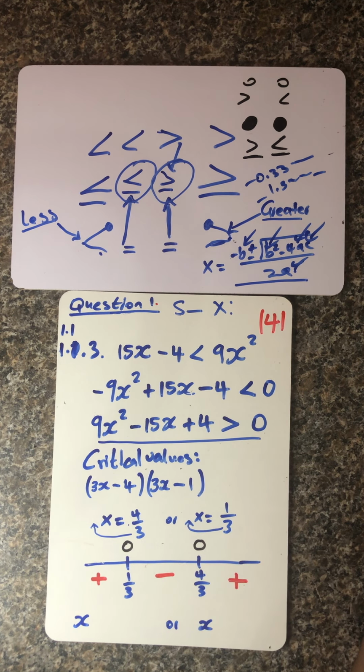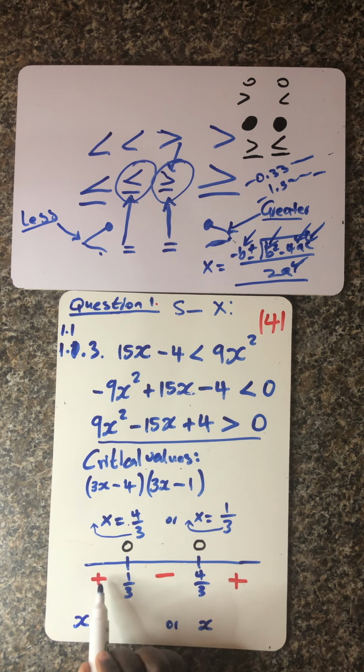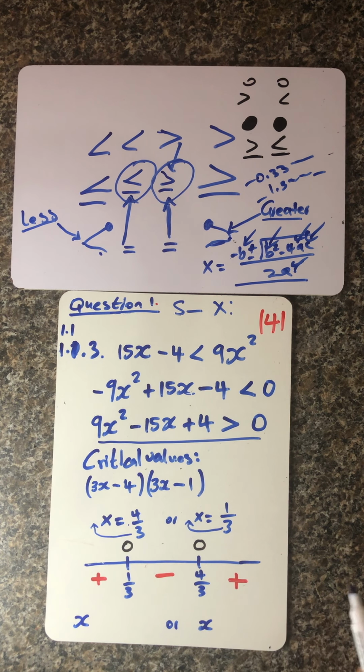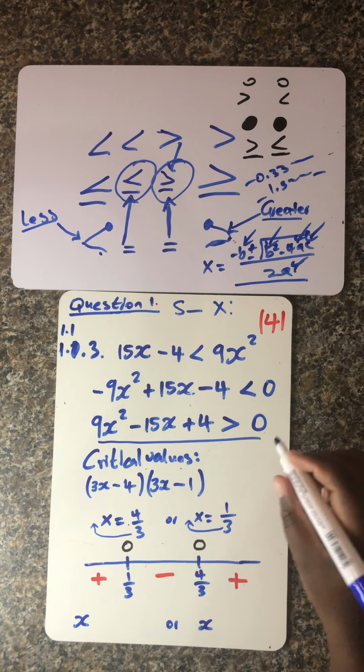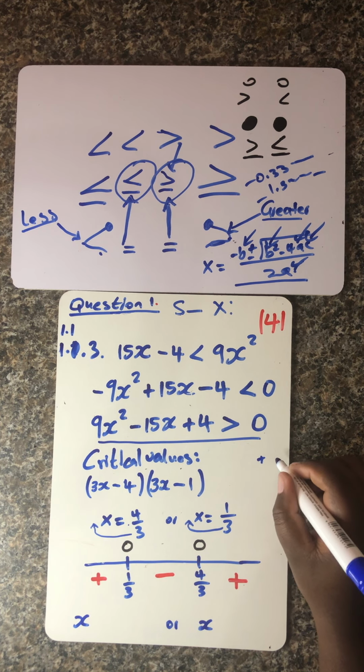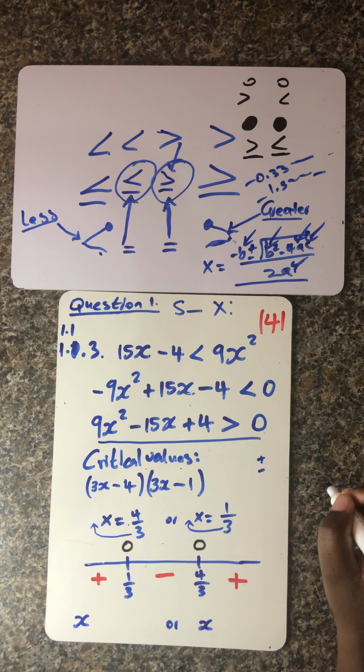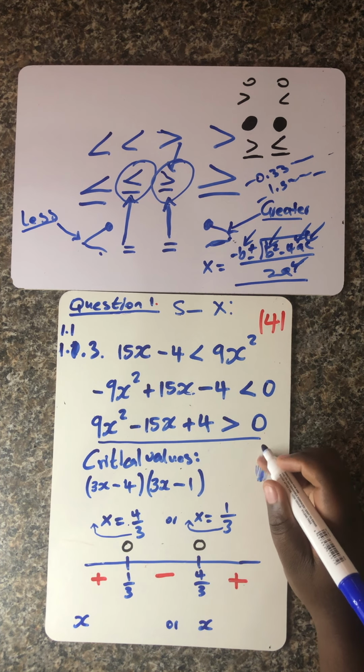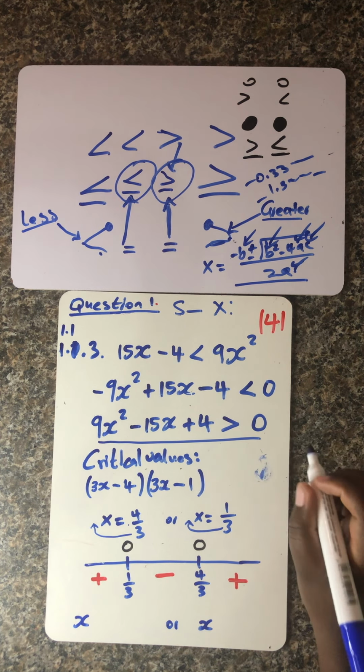And for us to answer this question, we need to know which side is positive, which side is negative. Any number greater than 0 is a positive number. Any number less than 0 is a negative number. But according to this statement, they are asking for which values of x, when substituted there, we get a number which is greater than 0.